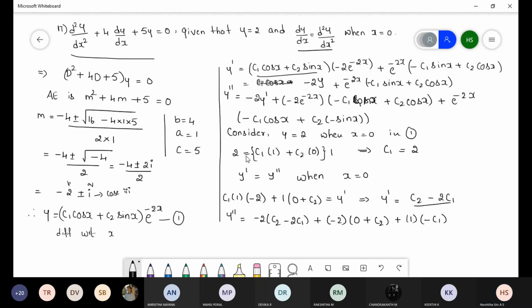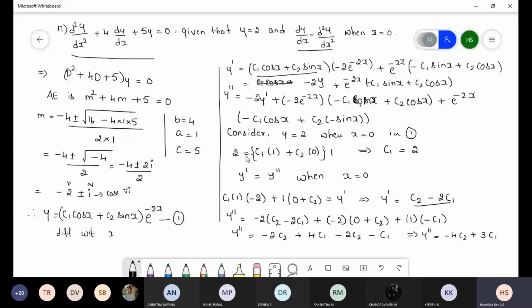Now y double dash is equal to minus 2C2 plus 4C1, again minus 2C2, minus C1. So overall we get minus 4C2 plus 3C1.